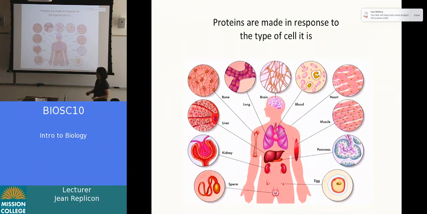Because what you need inside of a muscle cell is very different from what you need inside of a nerve cell or a bone cell or a liver cell. A liver cell might be producing an enzyme that you wouldn't at all need in an egg, for example.